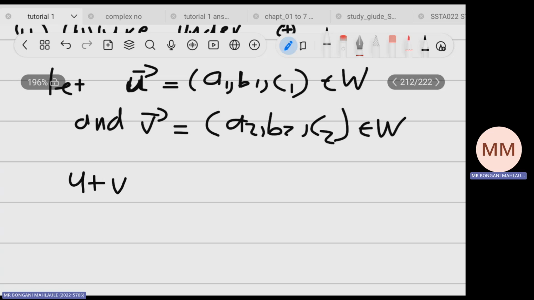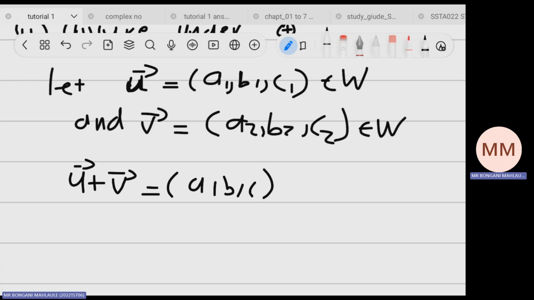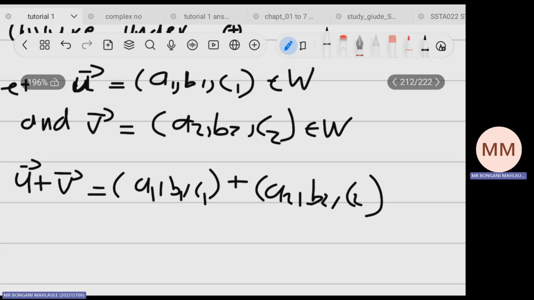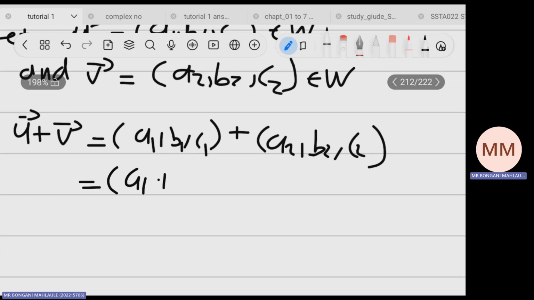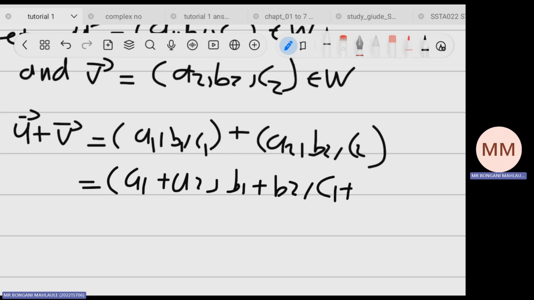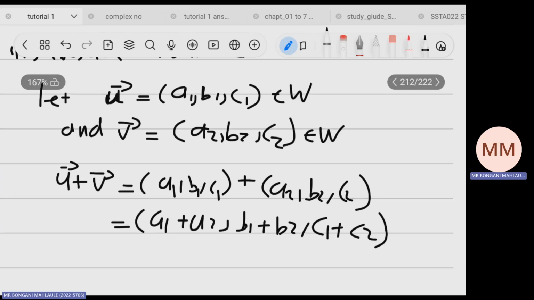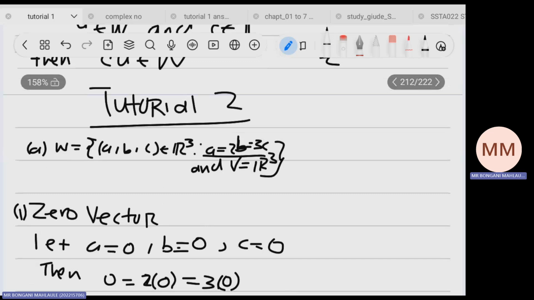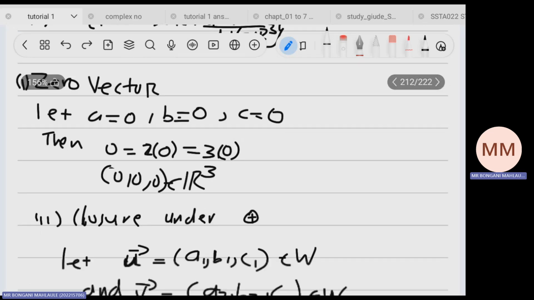If we do U plus V, we add these two vectors, we will get (A1 plus A2, B1 plus B2, C1 plus C2). So we want to check if this condition is satisfied.